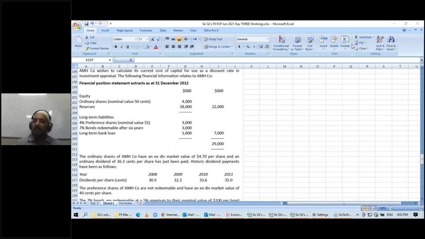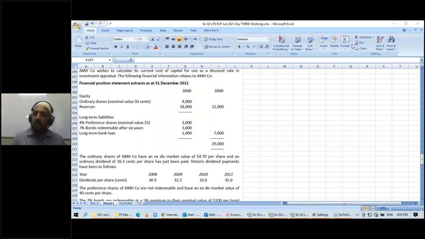Now, once you want to invest money in a proposed investment and you want to calculate an NPV, in order to calculate a net present value, you have to first calculate a discount rate, a cost of capital, using which you will be calculating the present values. The discount rate that you need is an average of the cost of debt and the cost of equity.